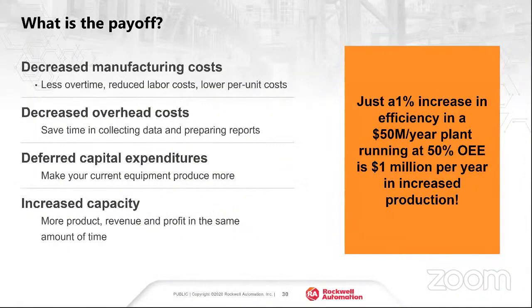So that increment in revenue of $1 million, what is the cost that will help them justify it? Now, it's not that the OEE will not go below 50, but if you are able to improve just 1%, think about how much they would gain by improving 2 or 4%.